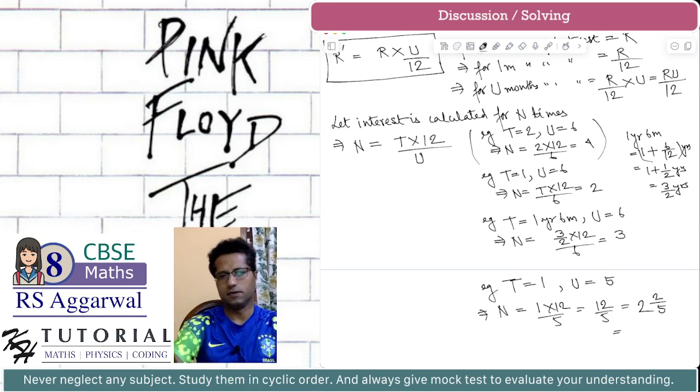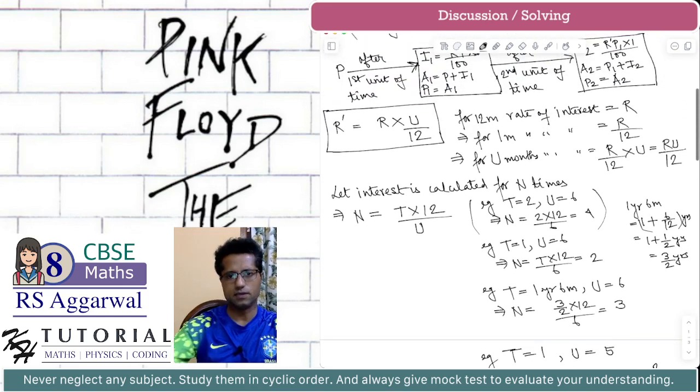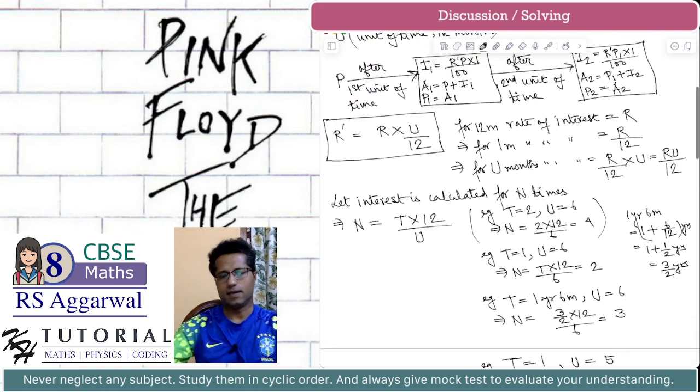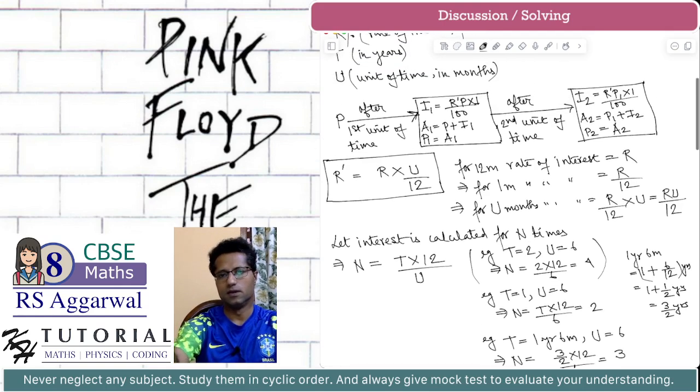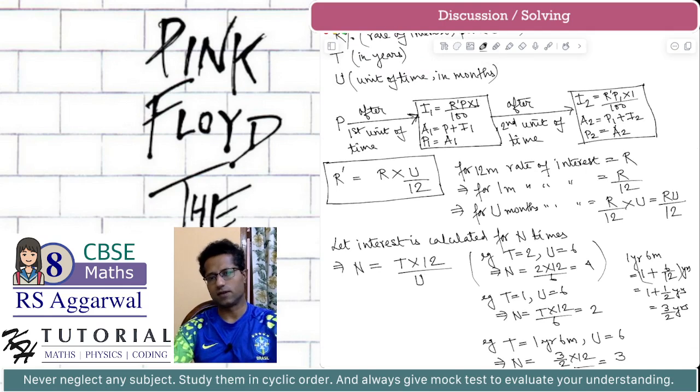Now what is actually n? N is actually denoting n number of units of time. For n number of units of time, interest will be calculated. So as you can see in this flow diagram, after every unit of time we are calculating the interest.